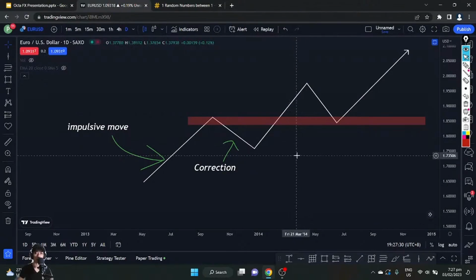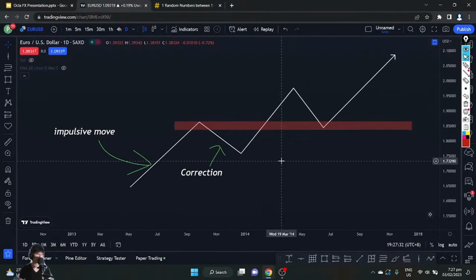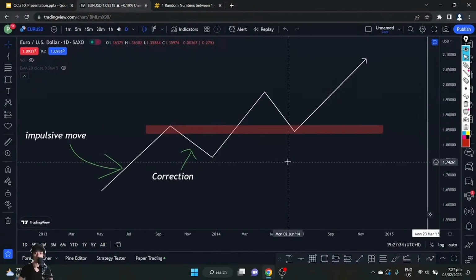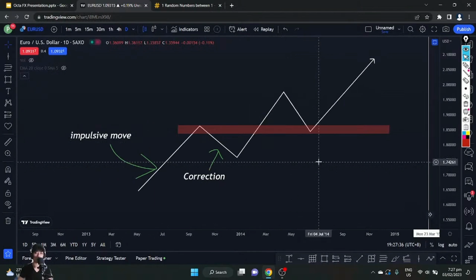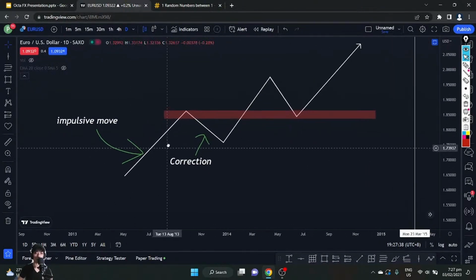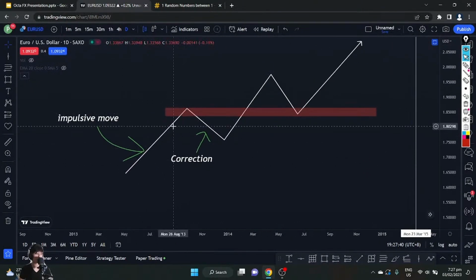I hope you are able to follow the teaching so far. Again, this is our first impulsive move. If you are confused, I will give you the chance to ask later and I will address your questions. This is the first impulsive move that we have, and then this is the correction move.